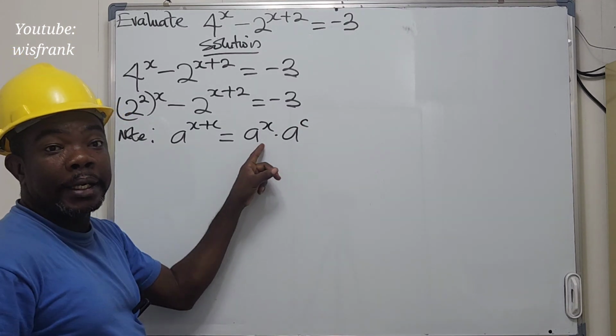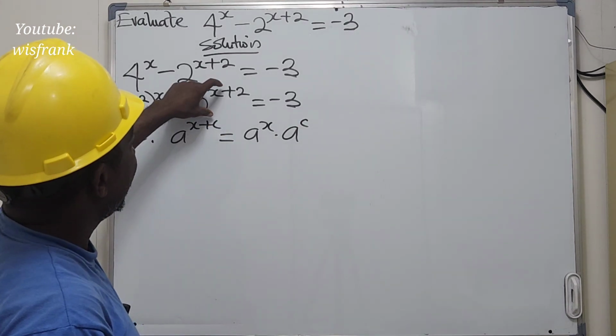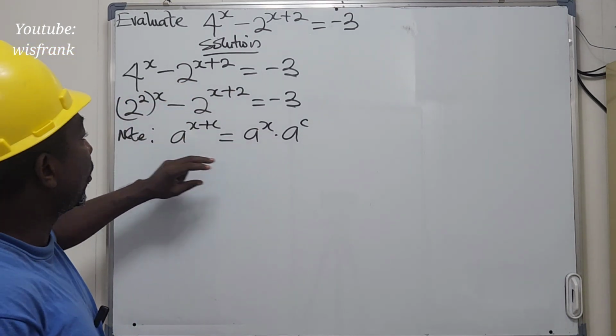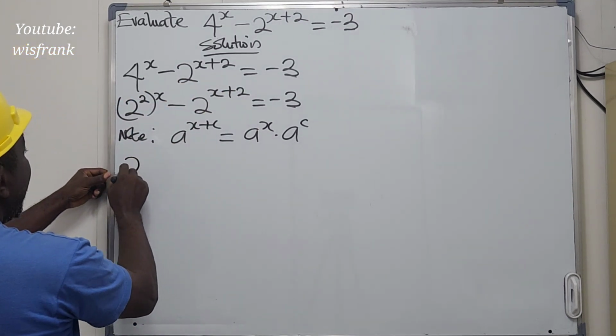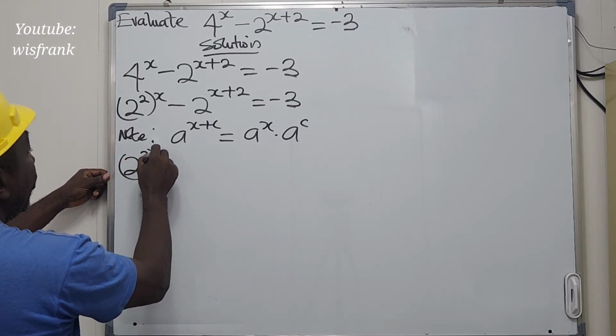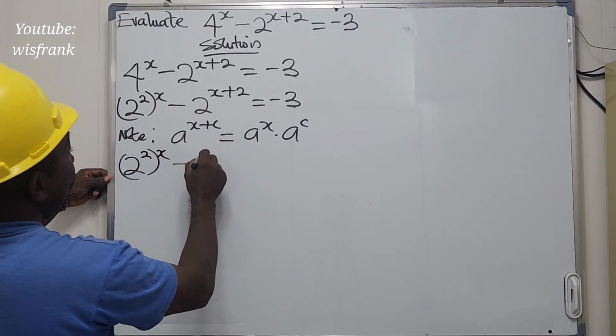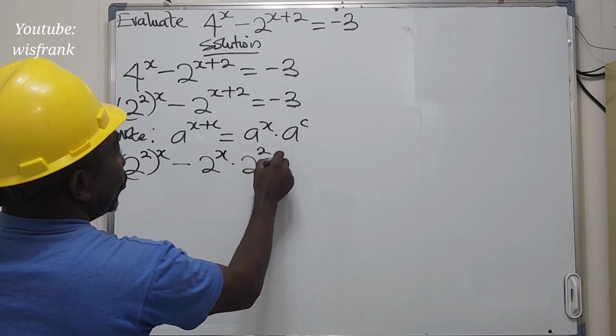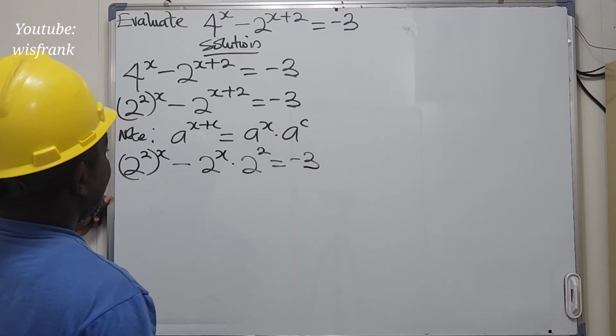Each of them will take the same base. So we can simplify this, or we can illustrate it in this method. So this can become 2 to the power of 2 all to the power of x, minus 2 to the power of x times 2 to the power of 2 equals minus 3.